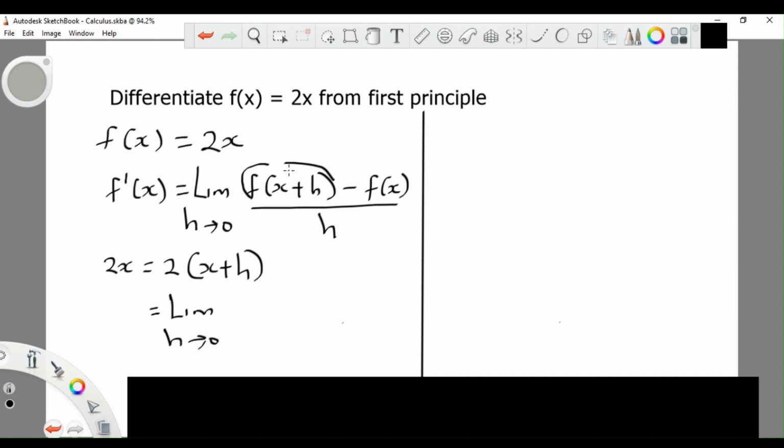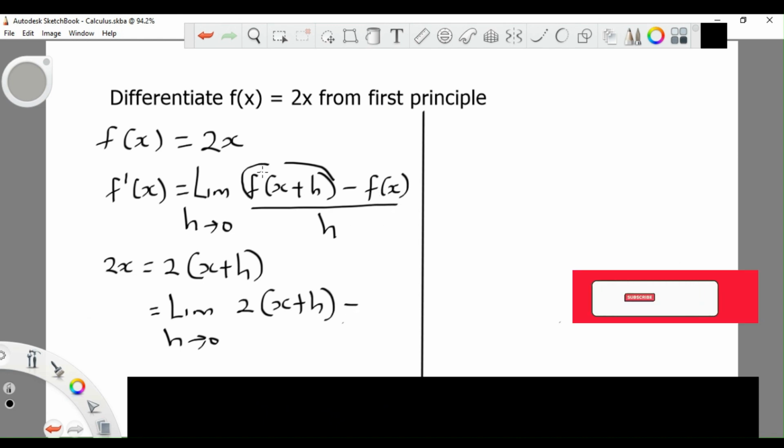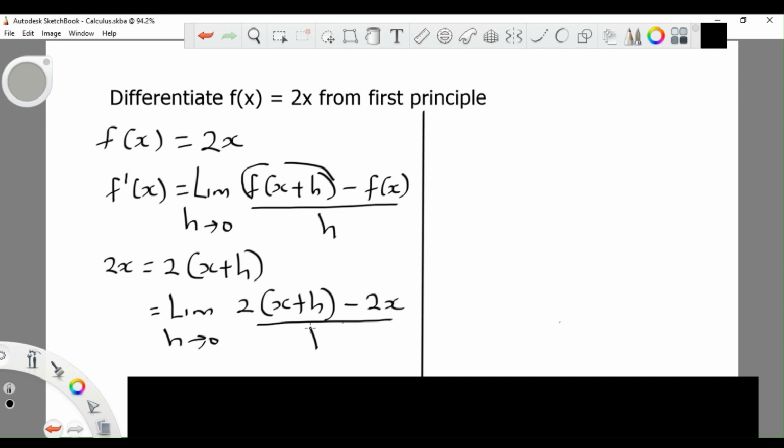So we replace this with this. So we now have 2 open bracket x plus h, minus our f of x, which is 2x, over h. This is step 1.